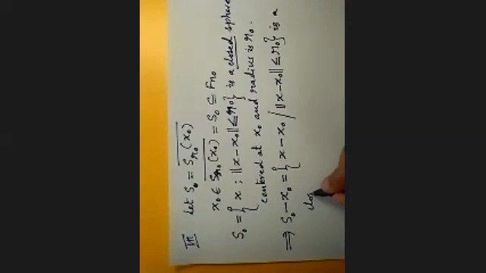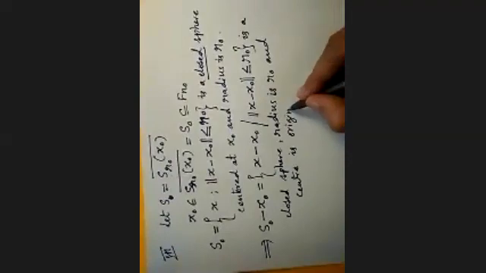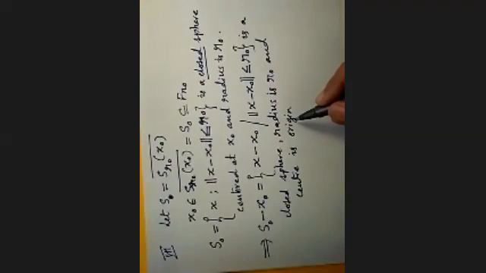Yes, closed sphere. What is the radius? Radius is r naught. And what is the center? Very, very important. The center is origin, because we have taken away this x naught.